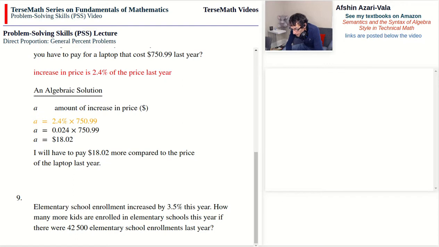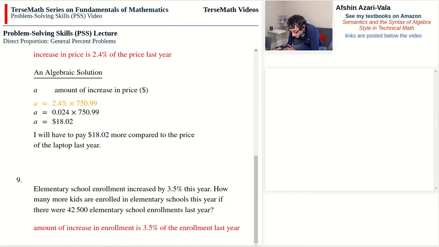Number 9: elementary school enrollment increased by 3.5% this year. How many more kids are enrolled in elementary schools this year if there were 42,500 elementary school enrollments last year? Here the amount of increase in enrollment is 3.5% of the enrollment last year.